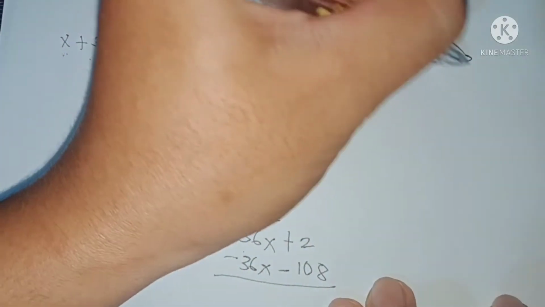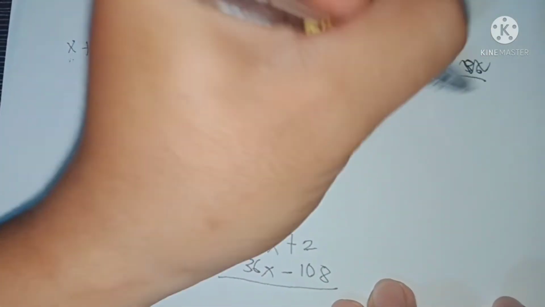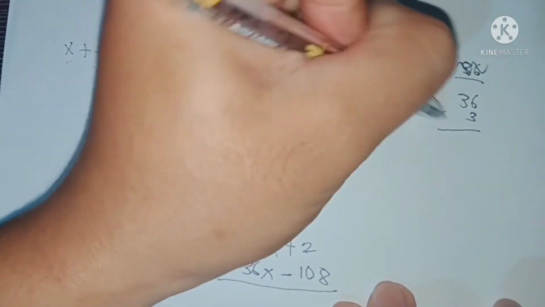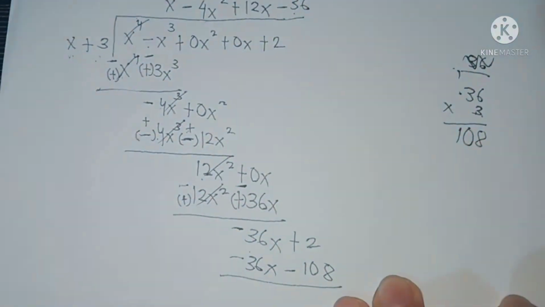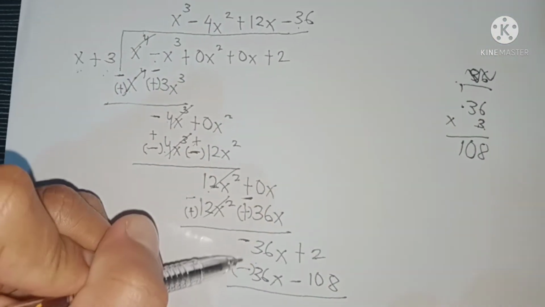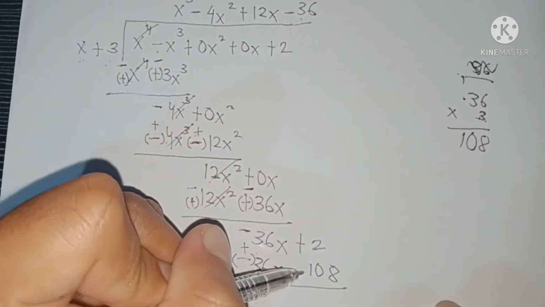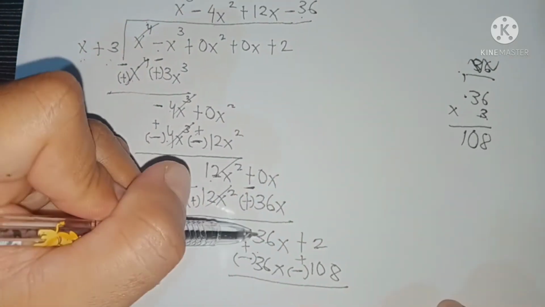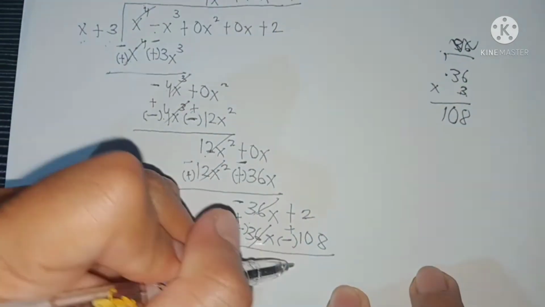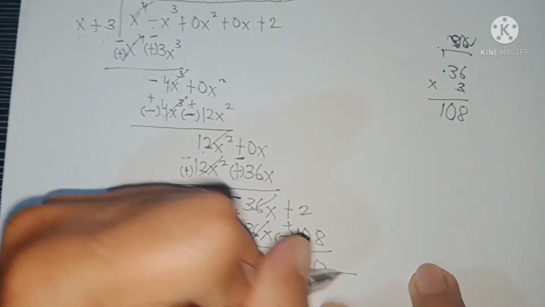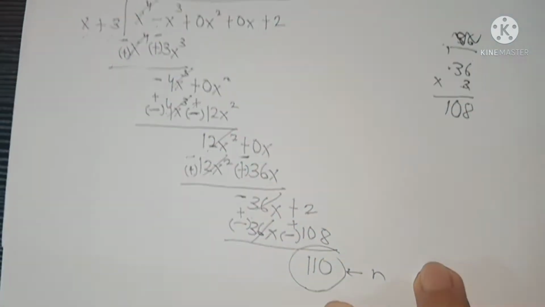Check. 36 times 3, so 3 times 6 is 18, carry 1, 3 times 3 is 9 plus 1 is 10. And then changing the sign from negative to positive, and from negative to positive. Negative 36x plus positive 36x is 0, and then 2 plus 108 is 110. Ayan, so match naman sila.